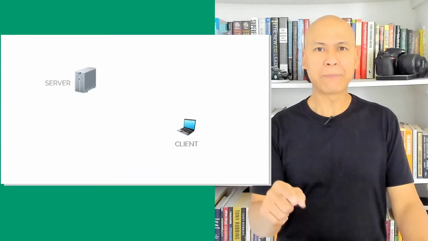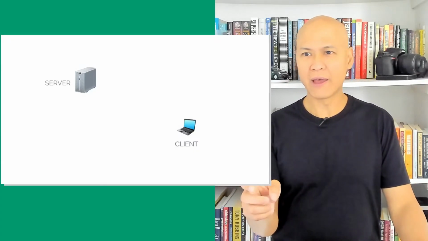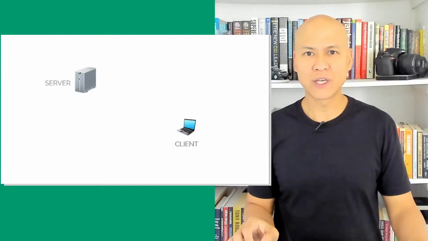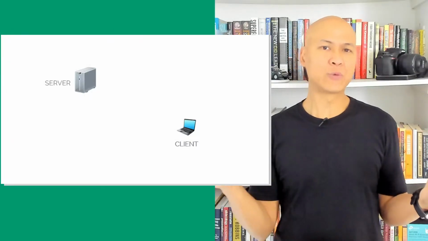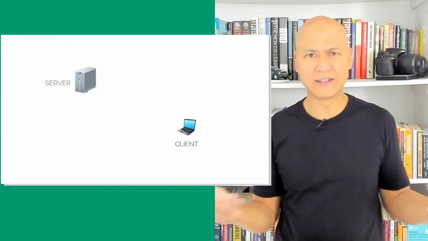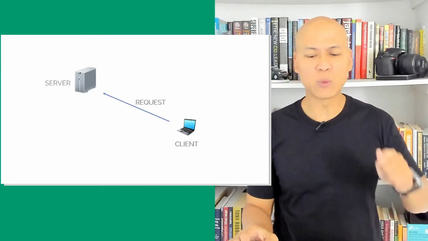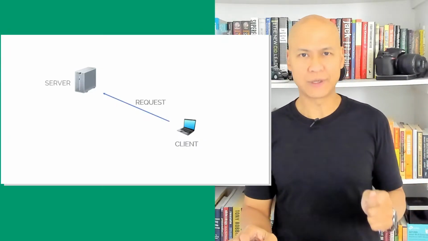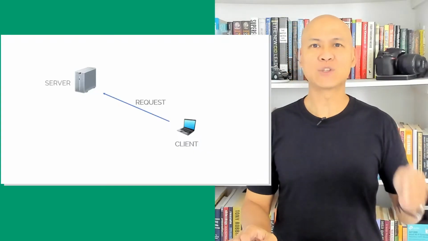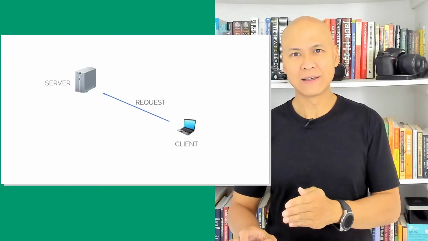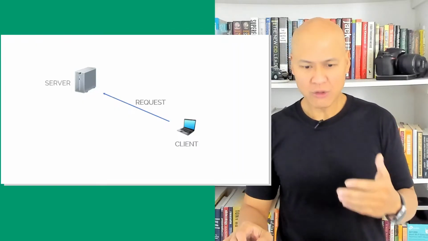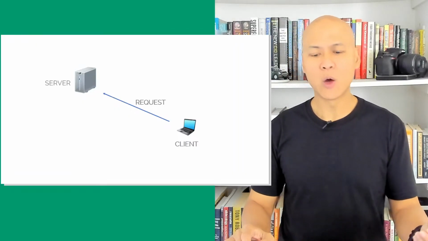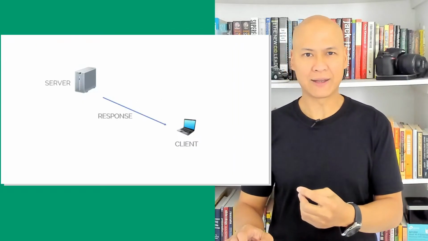The browser happens to be the client, and the web servers hosting Google happen to be the server. Of course, there's a single entry point to the server, but let's pretend it's just one server. The client will initiate a request to the server, and based on certain things, which I will explain as we go along, the server will then respond back to the client.